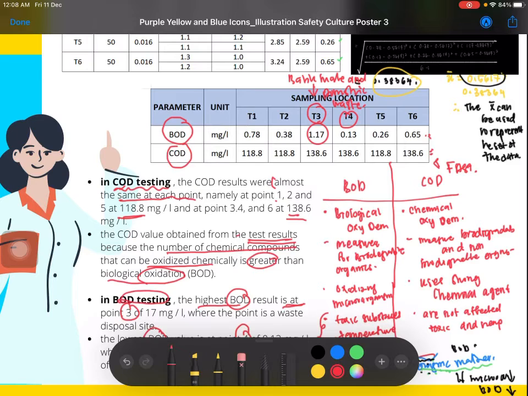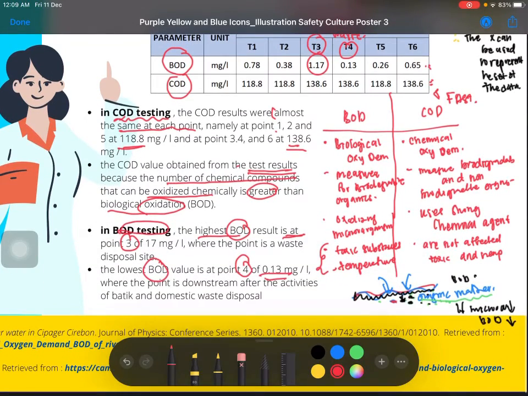It could be phenol, chlorine, detergent, cyanide, acid, insecticides that can kill the microorganisms in the water, so the number of microorganisms becomes small. So the oxygen needed by the microorganisms is also small, showing that the BOD decreases and gets smaller. That is why T4 has the lowest value of BOD.